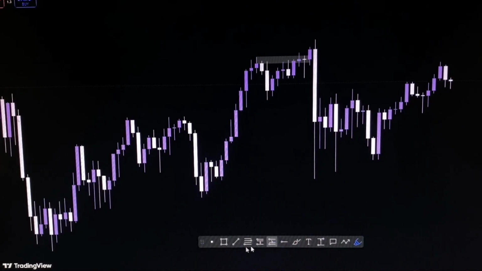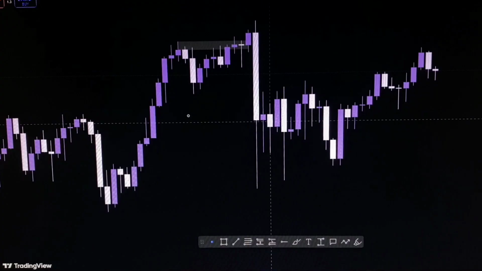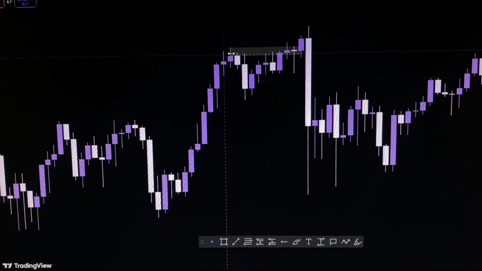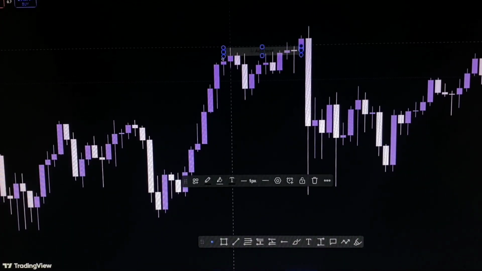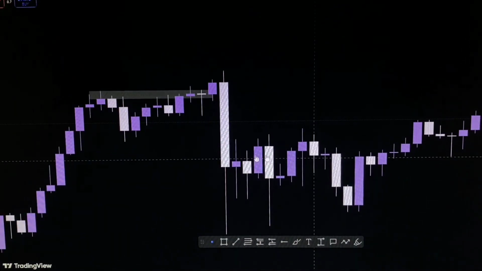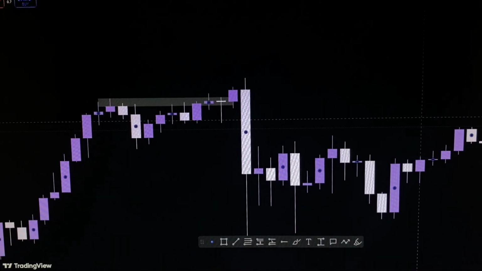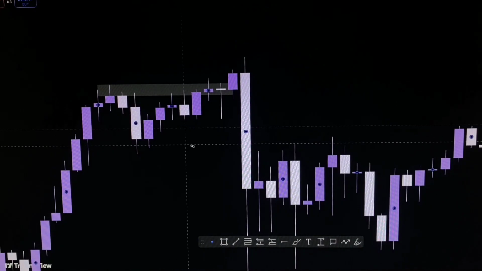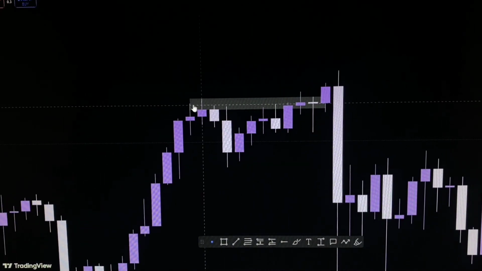But we don't want to be selling immediately because we still need other confirmations, right? So after price traded down from this point, what simply happened again? You can see that price had to go and retest that resistance level, right?